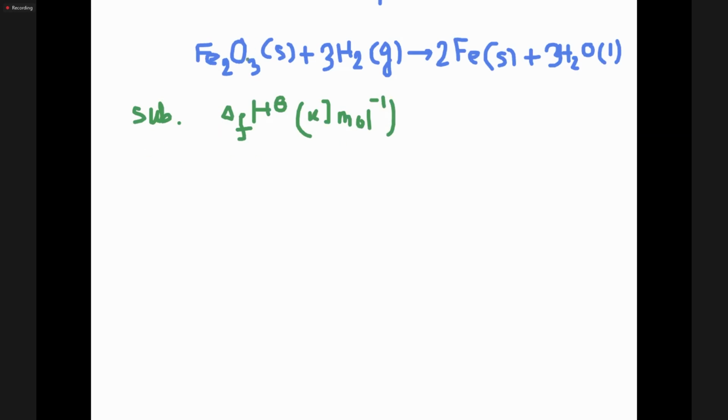On the left hand side, we have 4 substances, 2 reactants and 2 products. Among these, for Fe2O3 and H2O we have to take the values from the table. So for Fe2O3, the value is minus 824.2 kilojoule per mole. For H2O in its liquid form, the value is minus 285.83.